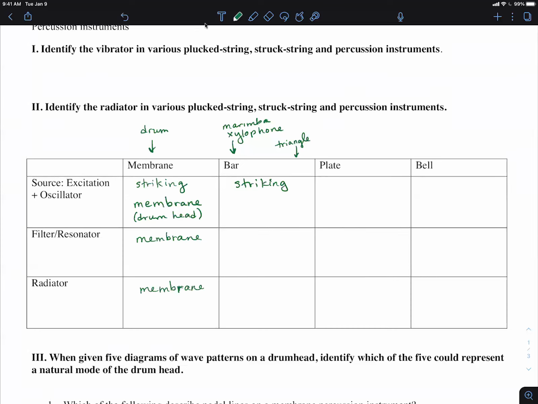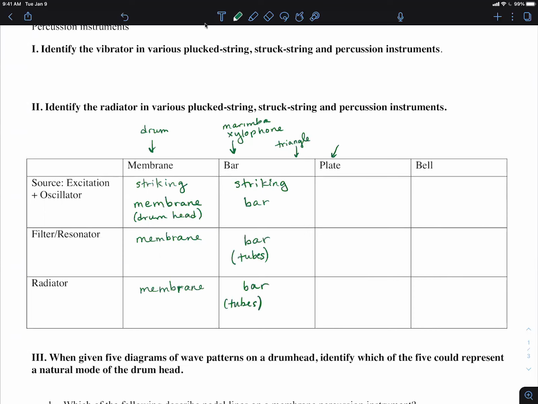The oscillator is the bar. It determines what frequencies will be in there. There is also the bar that is a filter resonator, but often these will have tubes in this first category of the marimba and xylophone. And then the radiator will also be the bar and the tubes for the marimba and xylophone family.